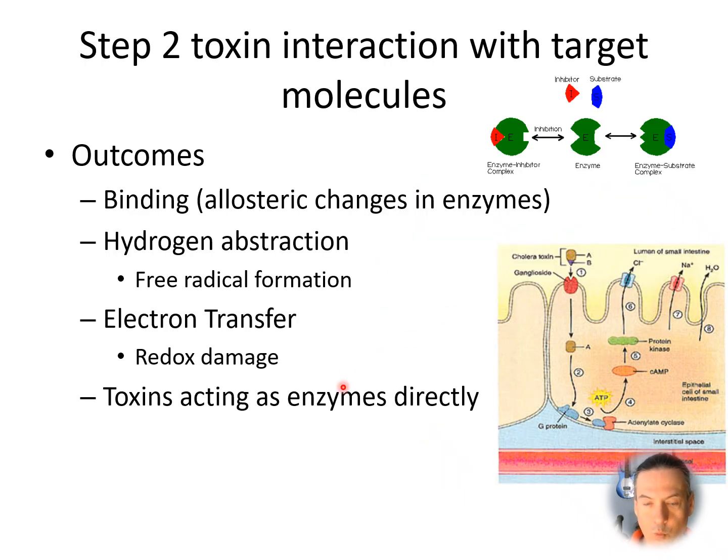Now, with the interaction, we have to think about getting through the cells. Certain cells are going to be more reactive than others. Any cells that are highly metabolically active, that have thin membranes and are constantly moving things in and across the membranes, are going to be really reactive. This is one of the reasons why we have special toxins that work on neurons, because neurons are heavily metabolically active.